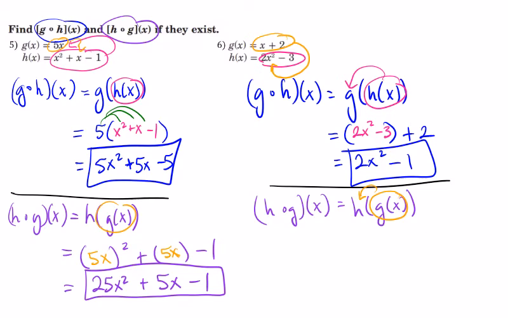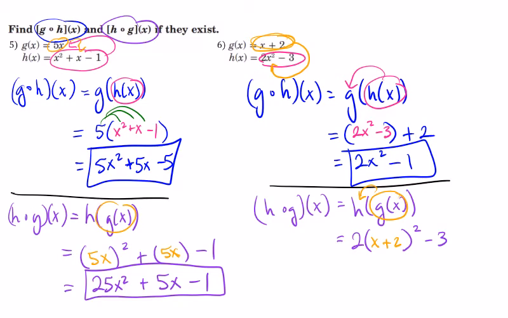So what we'll get is I'm going to rewrite this as 2 blank squared minus 3. So I'm just rewriting the h function, but instead of putting an x, I'm just leaving a blank, because what I want to put in there is g of x, which is x plus 2.